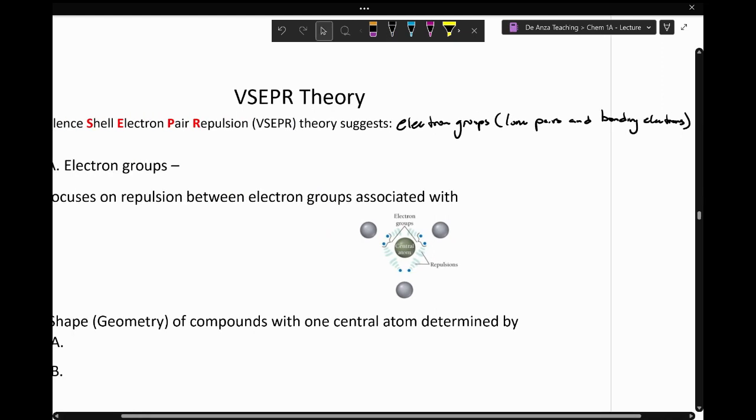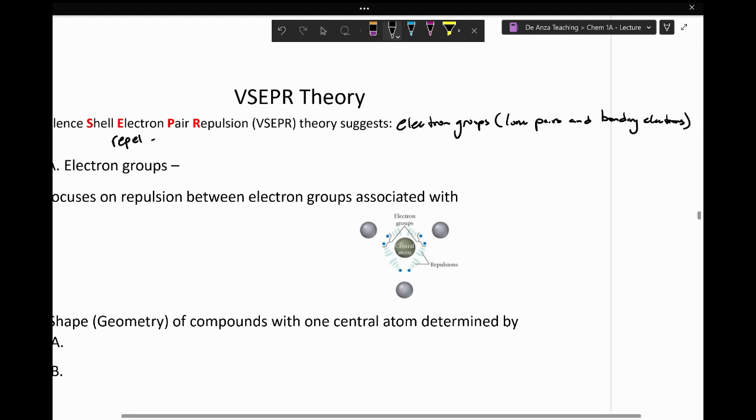These electron groups repel each other through Coulombic forces.